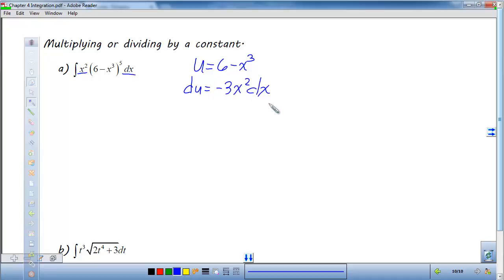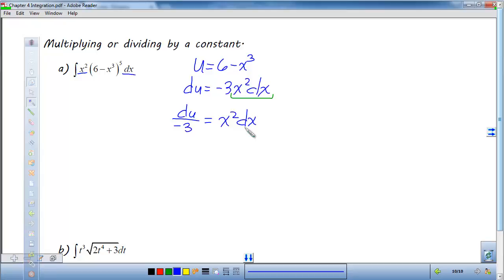So I need an expression. I need to know what x squared dx is equal to. And so I can solve for x squared dx. I see that du divided by negative 3 equals x squared dx.